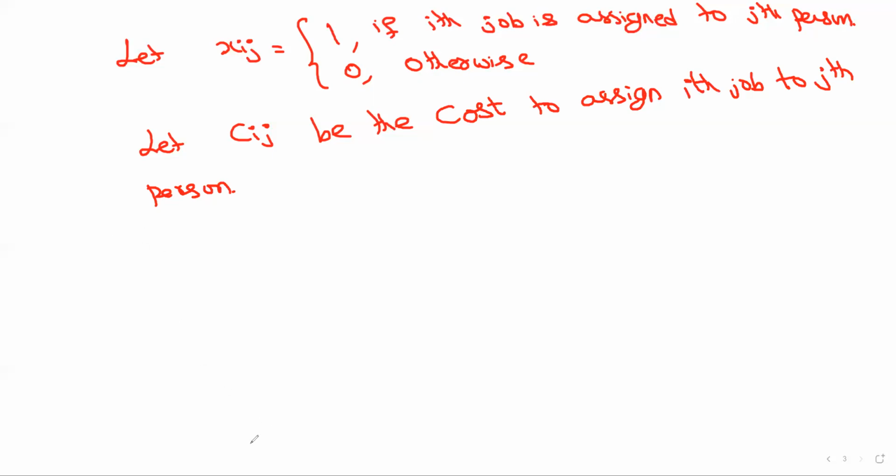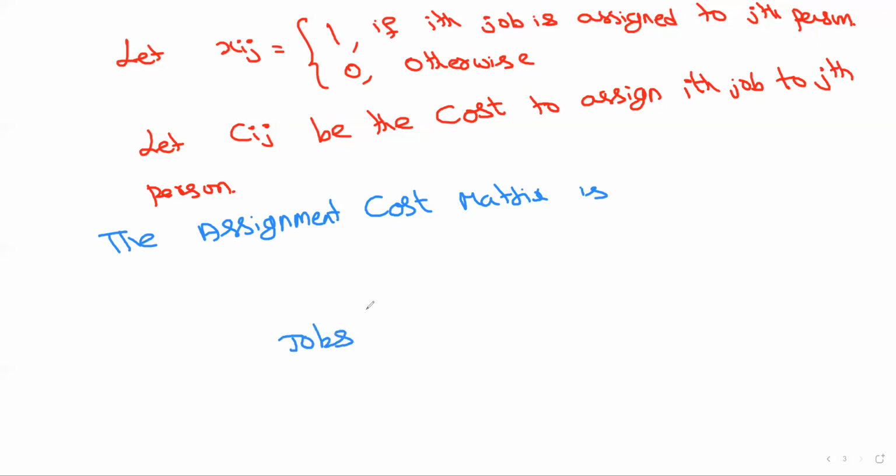The assignment cost matrix is as follows. On the left-hand side, jobs will be there: jobs 1, 2, 3, and so on up to n.